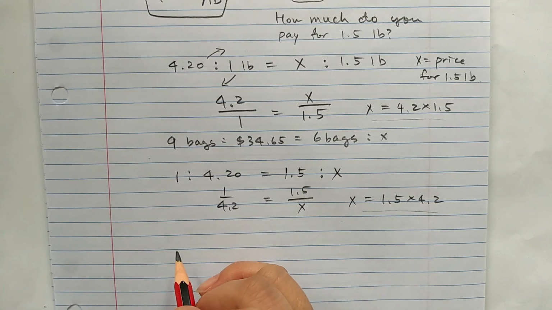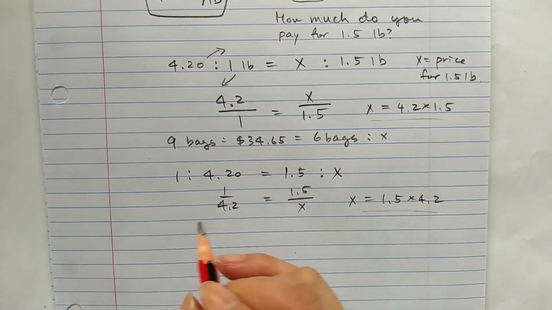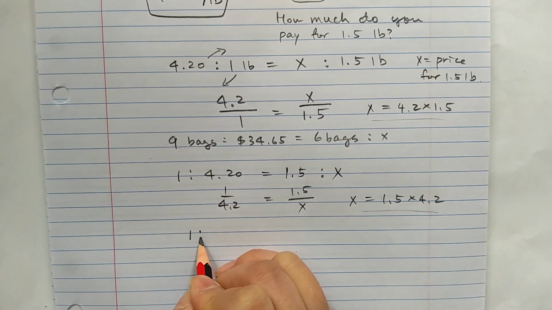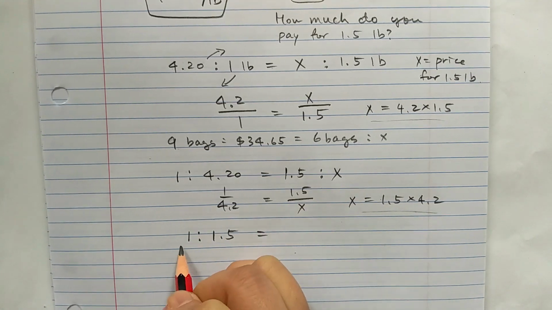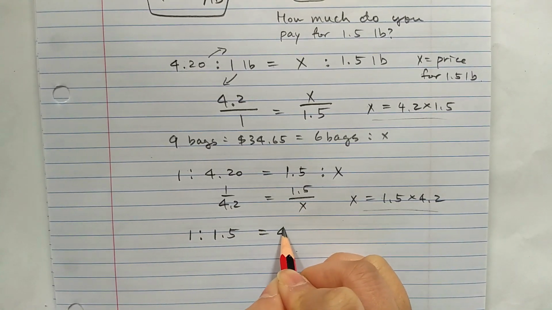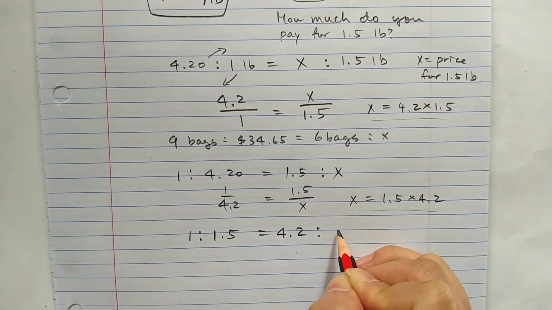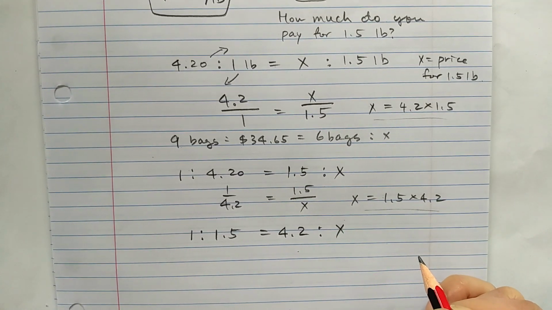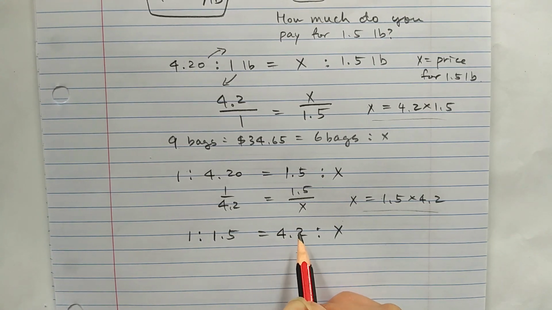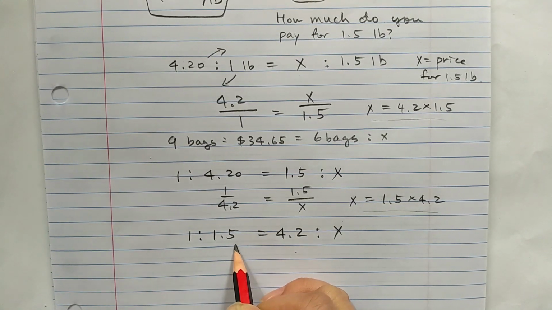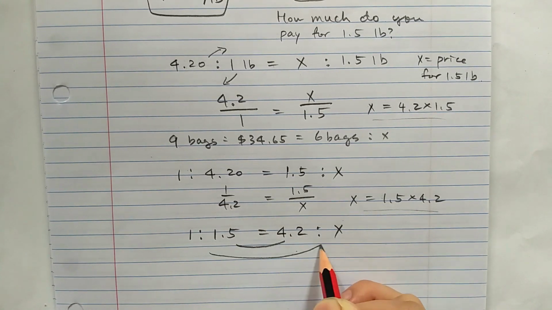I'll set another example. Let's put the pound to pound and price to price. So 1 pound to 1.5 pounds is equal to, what's the price for 1 pound? $4.2 to the price for 1.5 pounds. Without setting those two fractions, you multiply these two numbers and set that equal to multiplying these two numbers.